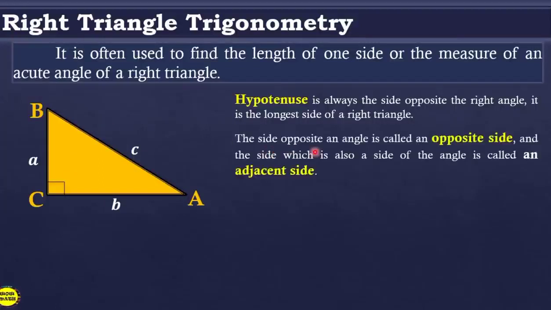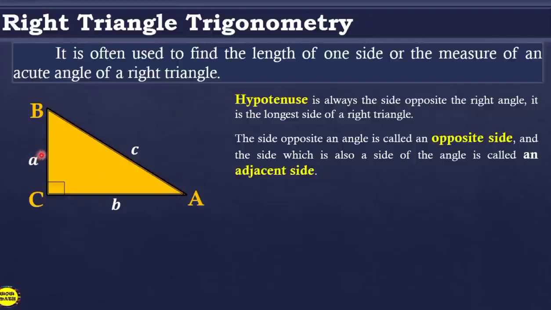Next. The side opposite an angle is called an opposite side, and the side which is also a side of the angle is called an adjacent side. So let's have this one. If this is your angle, have angle A, so the opposite side is this one, small letter a. So if we have angle A, the opposite side is small letter a.